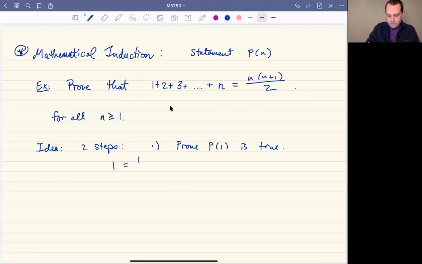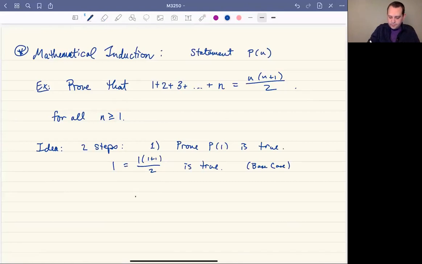We get 1 times 1 plus 1 over 2. And so this is an equation that says 1 is equal to 2 over 2, which is true. We have to check that this first step holds, even though it's typically this trivial. It's pretty straightforward. So that's the idea for step 1. This is called the base case.